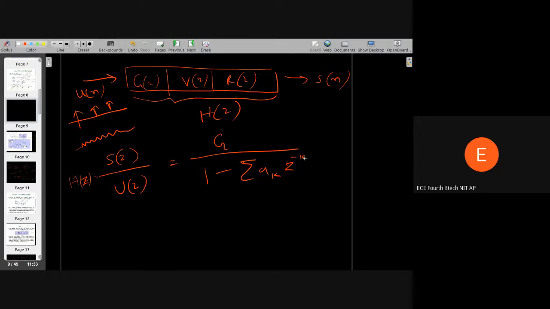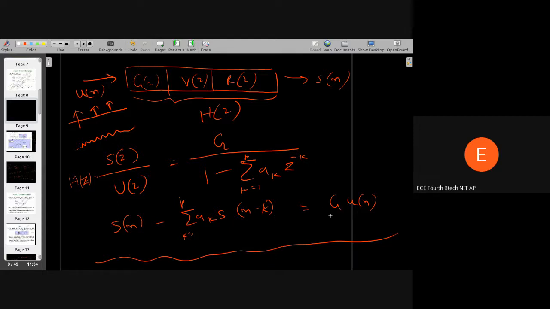So if you analyze this source filter theory model, you have this equation which says that the signal at a particular time index, you can represent in terms of its values at previous indices multiplied by some weights. And why is that so?